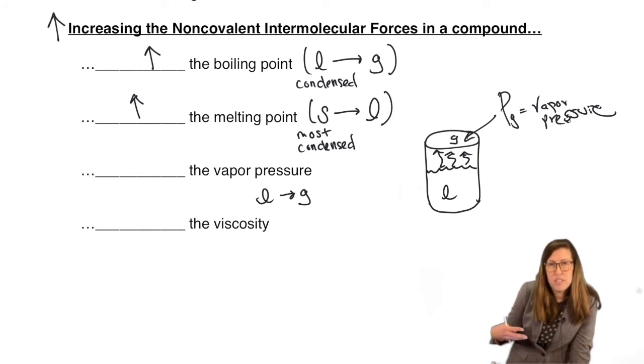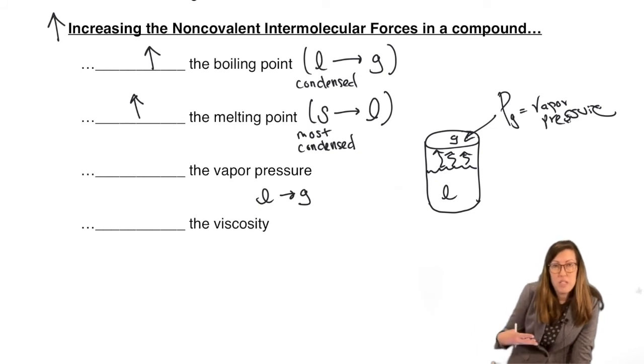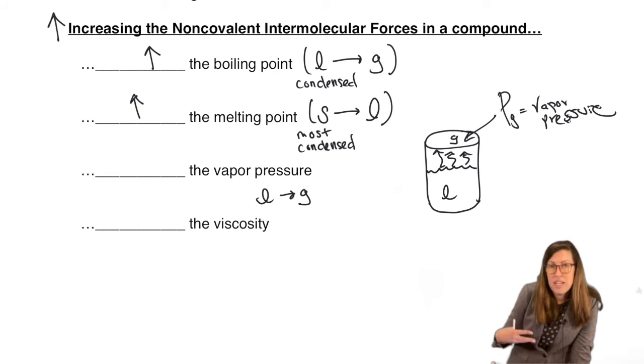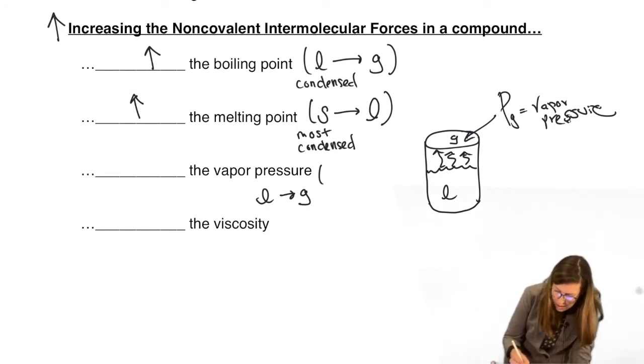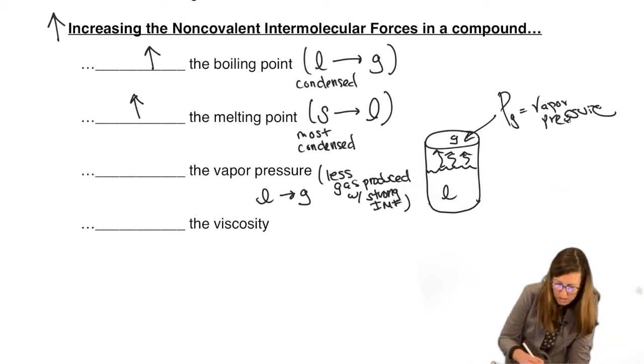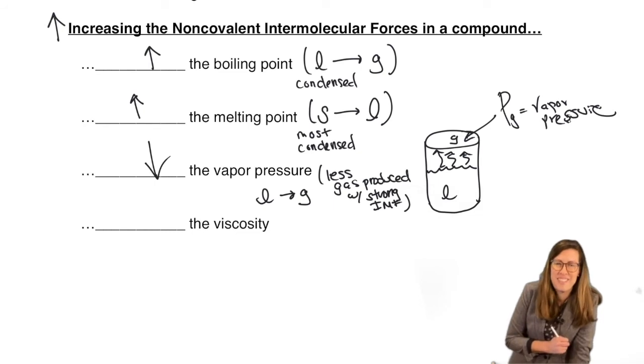That only happens, so the more gas will be produced, in other words, when there's weak intermolecular forces. If there's strong intermolecular forces, it's going to be less inclined to go to the gas phase. So in other words, there'll be less gas produced with strong IMF. If there's less gas produced, we have a lower vapor pressure. So this trend's the opposite, lower vapor pressure.